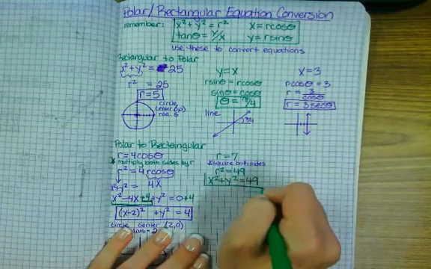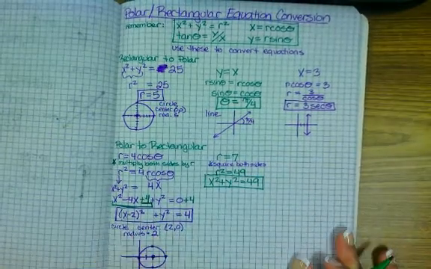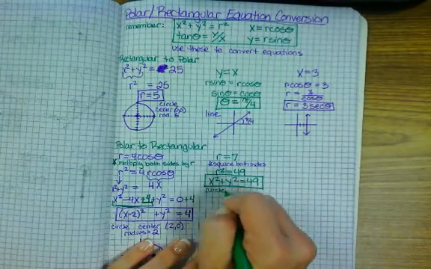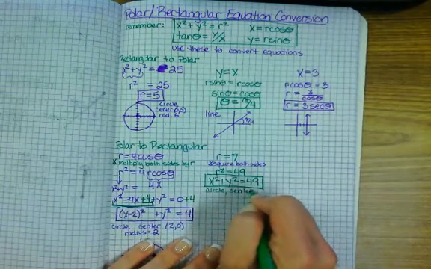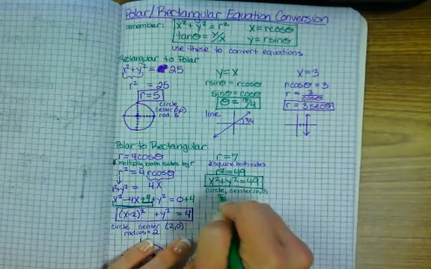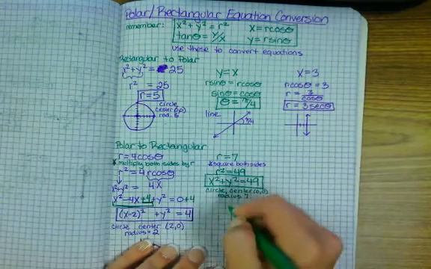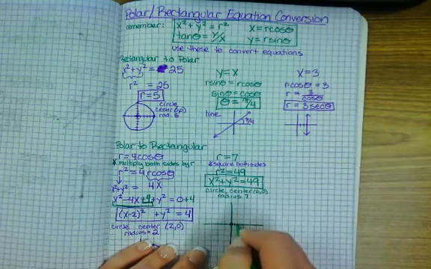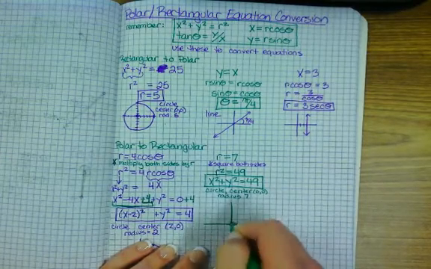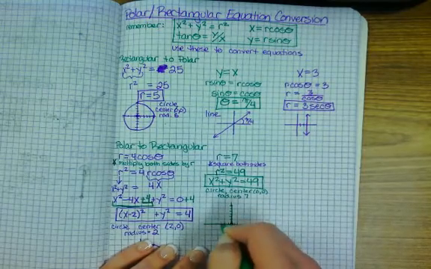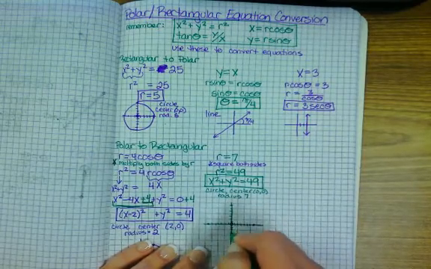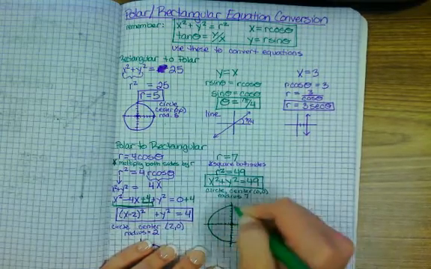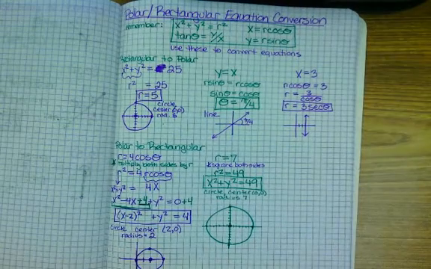Isn't that the equation of a circle with the center at 0, 0 and a radius of 7? Yup. So if we were to draw that, that would be pretty easy to draw. 1, 2, 3, 4, 5, 6, 7. There we go.